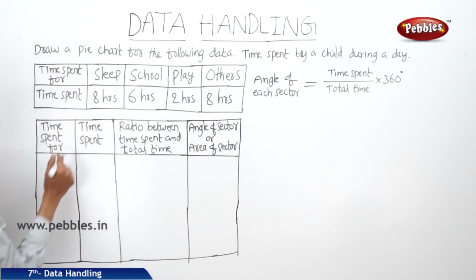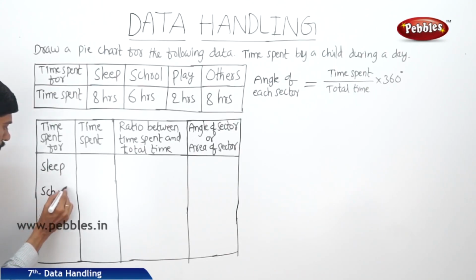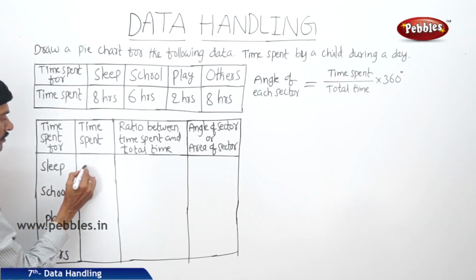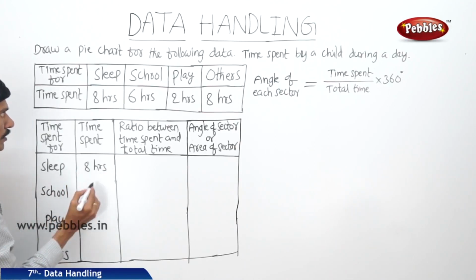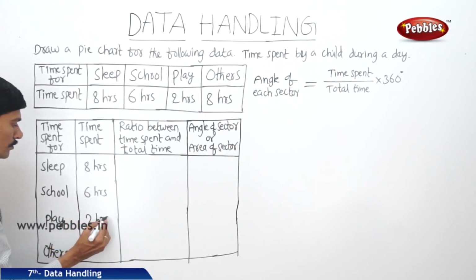First for sleeping, then for school, next for play, next for others. For sleeping he is spending 8 hours, for school 6 hours, for play 2 hours, and for others 8 hours.